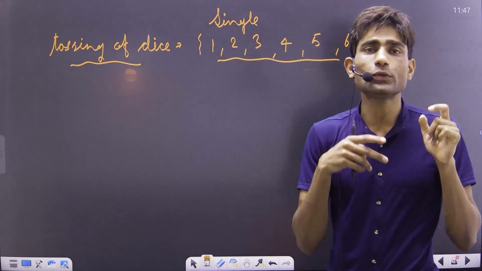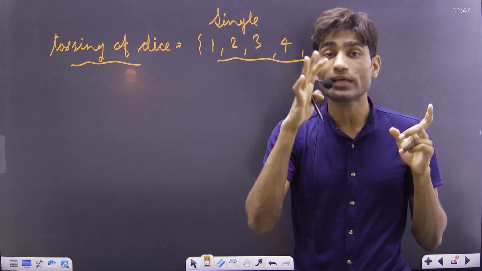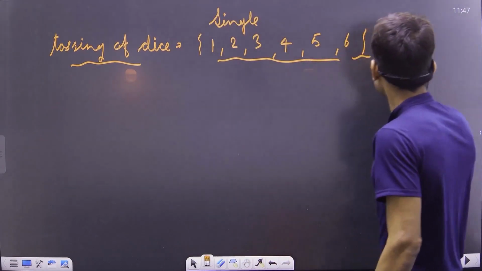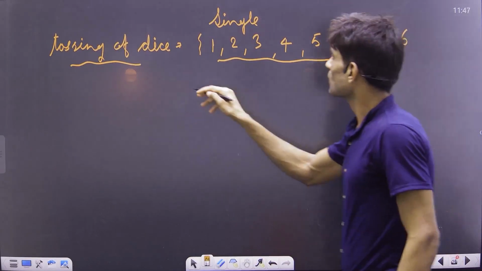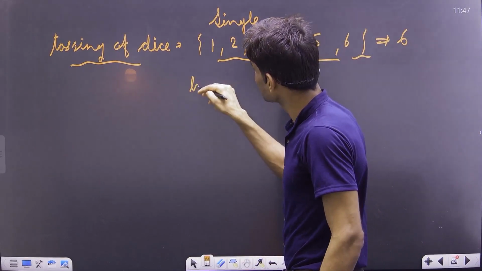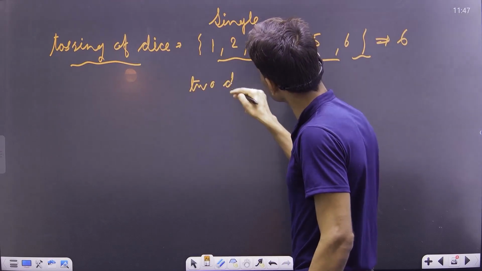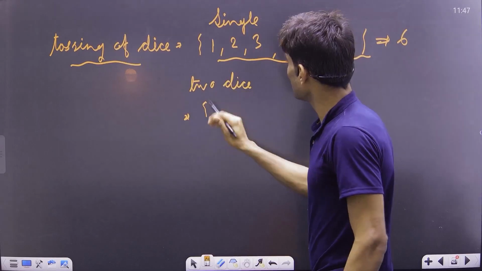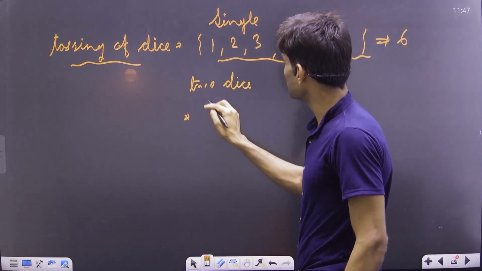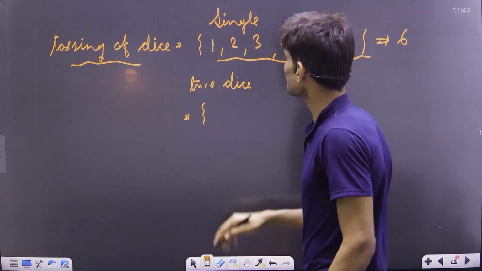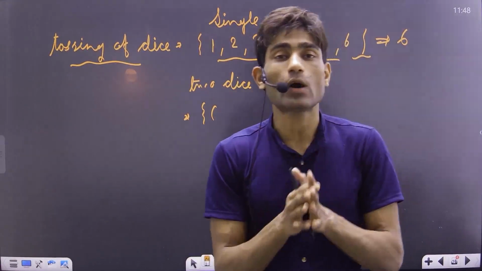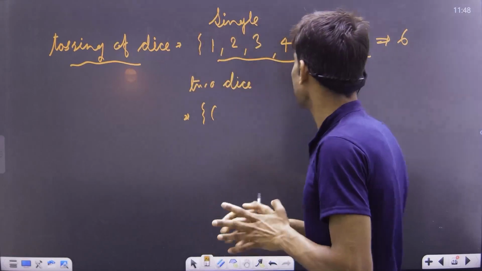When we go for 2 dice, that means 6 raised to 2, and the total number of outcomes is 36. When we toss 2 dice, we can write their outcomes, and always remember that with 2 dice, we have to write the outcomes in the form of ordered pairs.